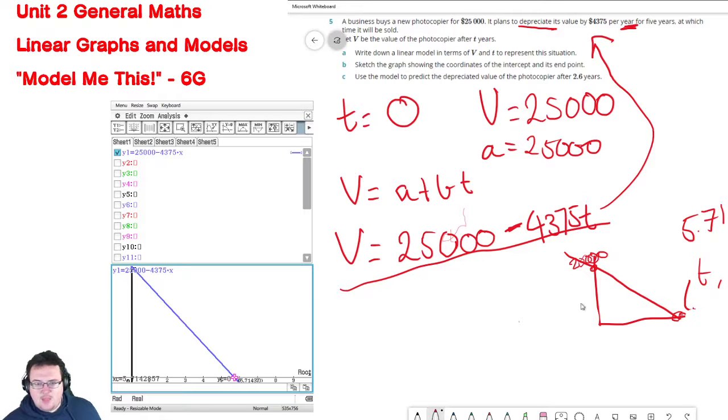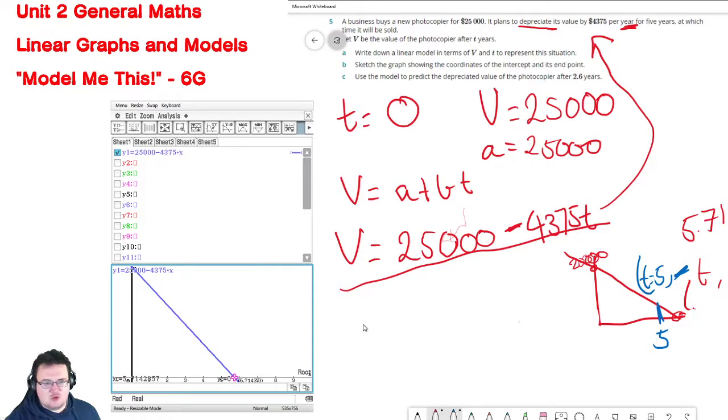They plan on selling it after 5 years. So when t equals 5, what is the value when they sell it?